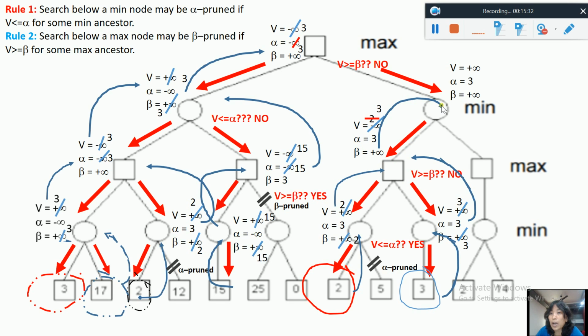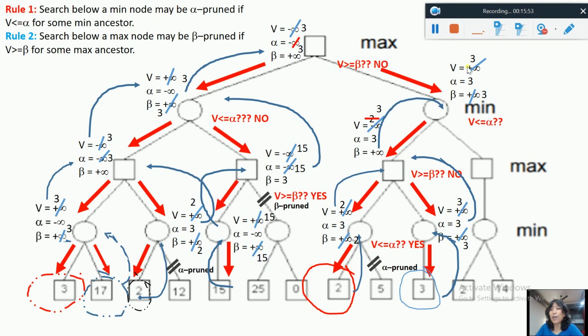Again, this value will go upwards. While going upwards, as this is the turn of the min, and min is getting a better value than plus infinity, that is 3, min will update its value as 3, and obviously beta, which is playing for the min player, also updates its value with 3.